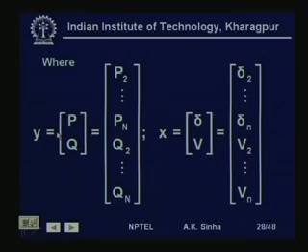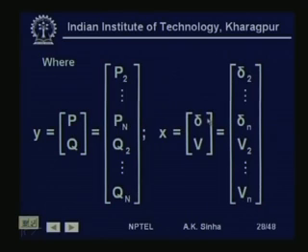So, here y is equal to P and Q, which is P 2 to P n and Q 2 to Q n. Now, why are we writing P 2, why are we not taking P 1 and Q 1? The reason behind that is we have assumed that bus 1 is the slack bus. So, that is why we do not also calculate delta 1 and V 1.